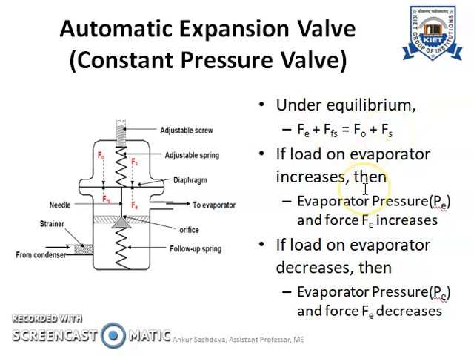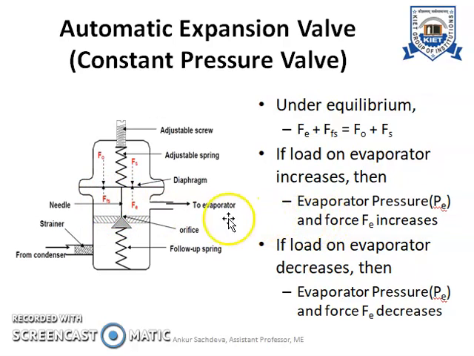Now if the load on the evaporator increases, then what happens? When I talk about load, that means the cooling requirement increases, then the evaporator pressure PE will increase. If PE increases, it will in turn increase Fe, and let us assume that FFS, the follow-up spring force, is constant.